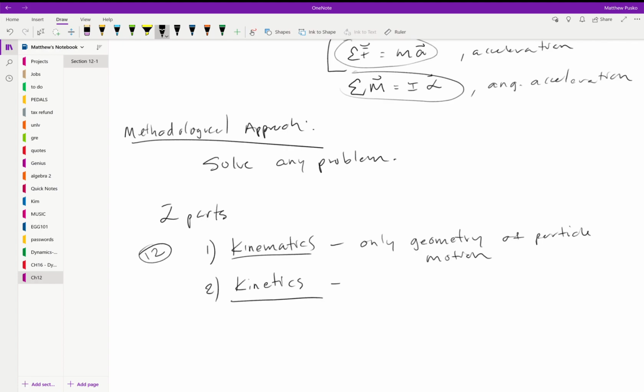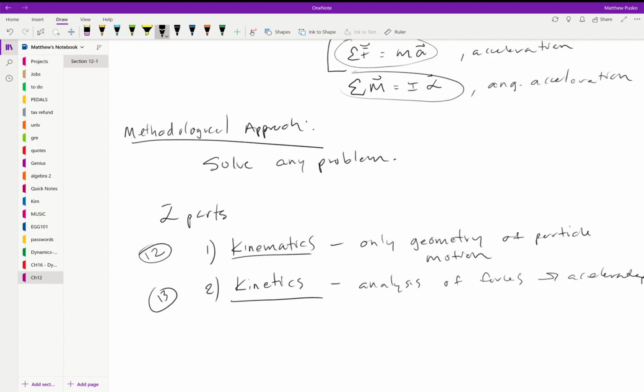Then we're going to move into kinetics in chapter 13, and this is going to involve the analysis of forces. And these forces cause accelerations. Okay, so we're going to learn how to work with the equations in chapter 12.